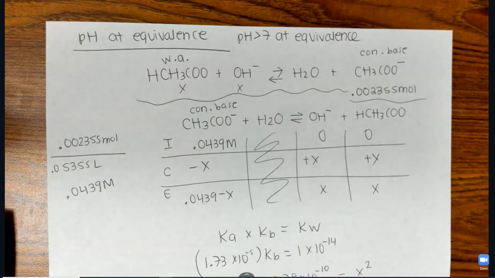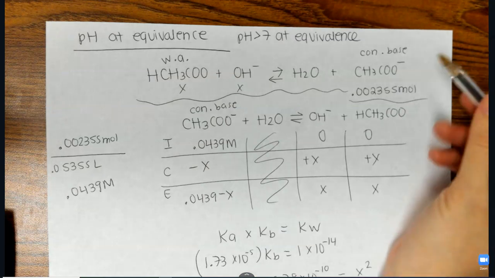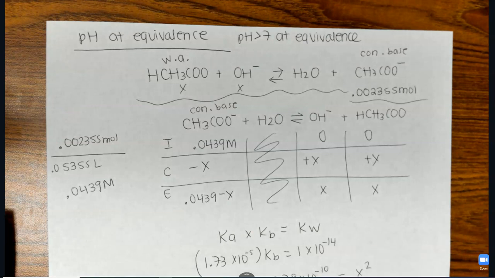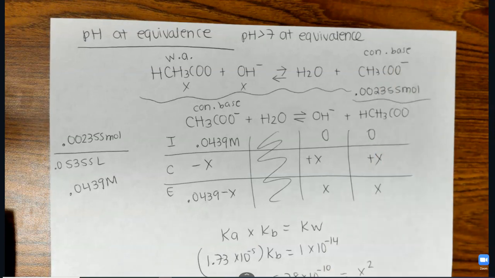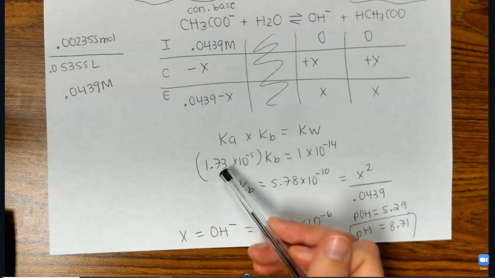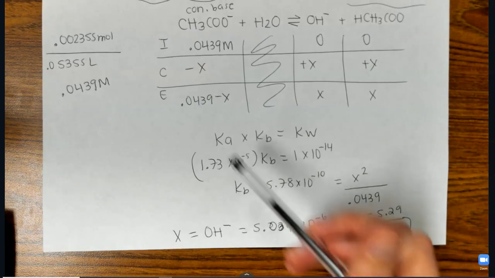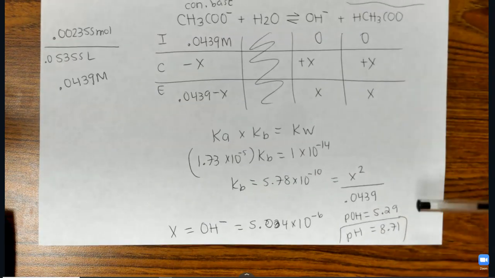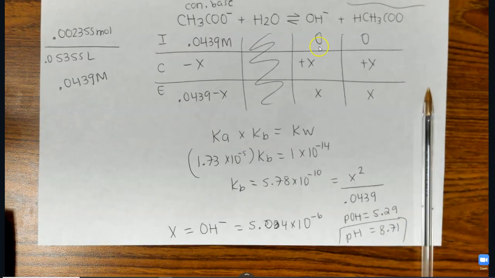Because all of the OH that you added was neutralized, but that conjugate base works in reverse and makes some OH by itself. So all the stuff you added, gone, but this makes more OH. And again, you have to use the Ka of your acid to get the Kb for this base. Solve for x. X equals OH, and you get pOH. I hope this was helpful.